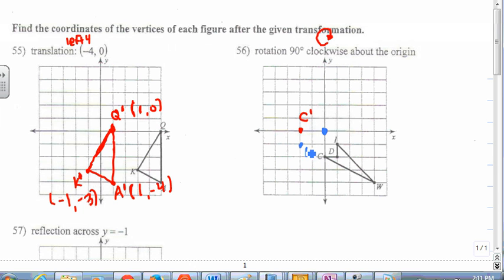So that's for D prime. Okay, I was 1 and 1, so it's still going to be 1 and 1, but over here in my new quadrant.